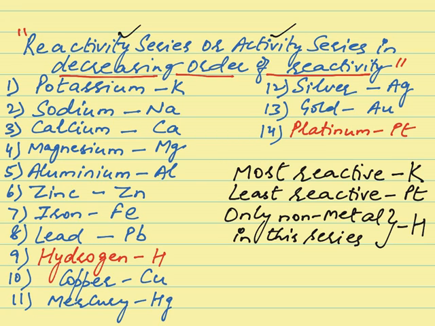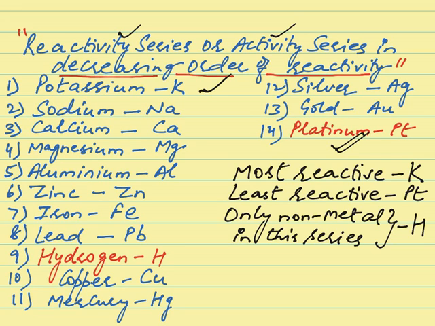So here I have noted down 14 elements, and as per this list, potassium is the most reactive element and platinum is the least reactive element. So it means that potassium has the capability to replace sodium, calcium, magnesium, aluminum, or any other element that has been listed from their compound.